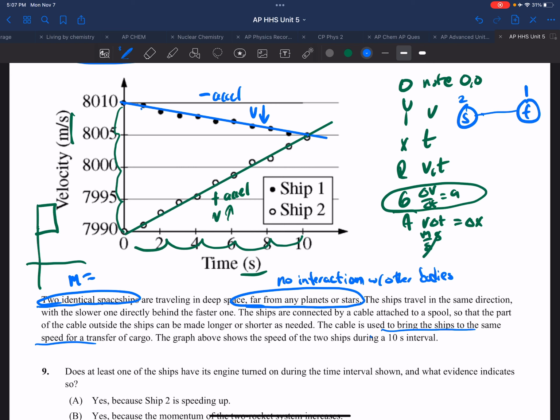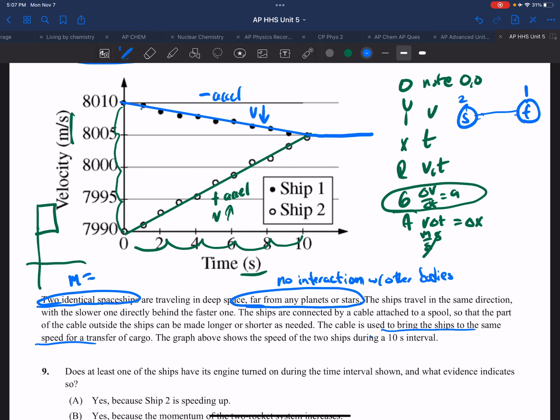So it might stand to reason, if these two things are tied together, that the faster one is going to lose speed and the slower one is going to gain speed as they both end up with the same speed. And that's exactly what we see, the faster one decreasing and the slower one increasing. Now, of course, once they have the same speed, what we expect to happen would be this. They would go off with the same equal speed.